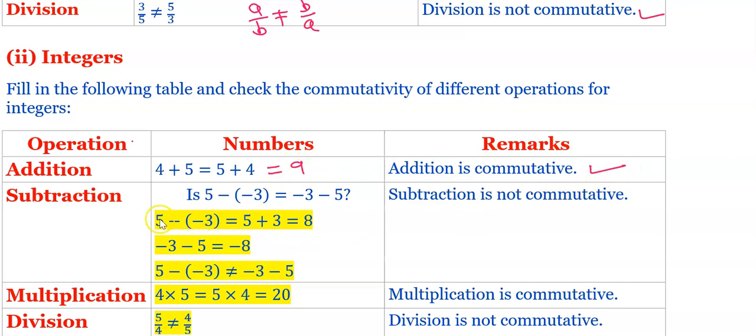What about subtraction? 5 minus in bracket minus 3: minus minus becomes plus, so 5 plus 3, that is 8. Minus 3 minus 5 equals minus 8. These two are not equal, and therefore subtraction is not commutative for the set of integers.